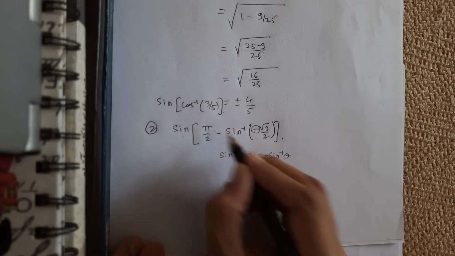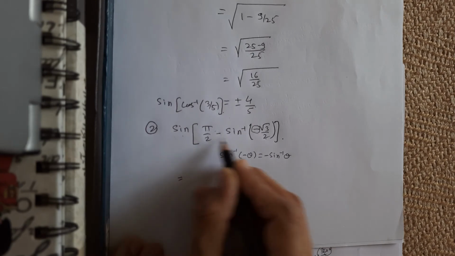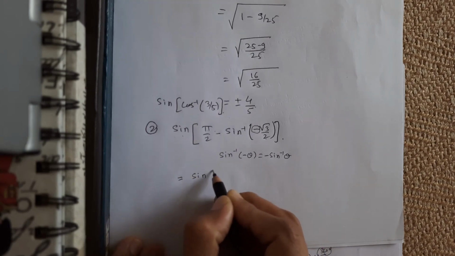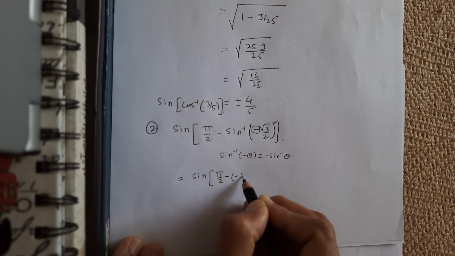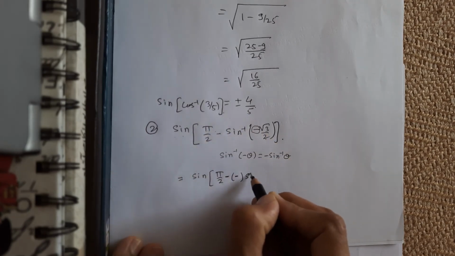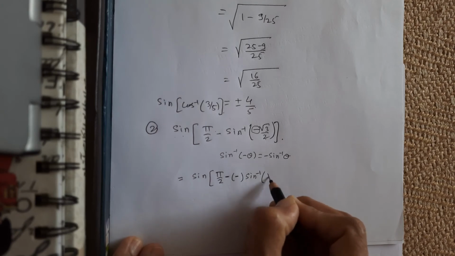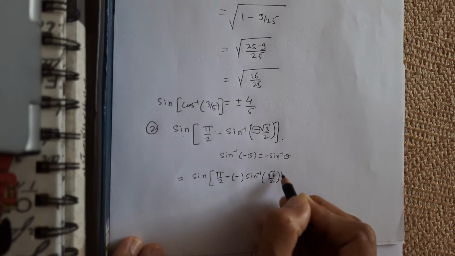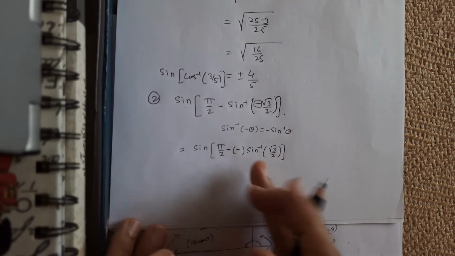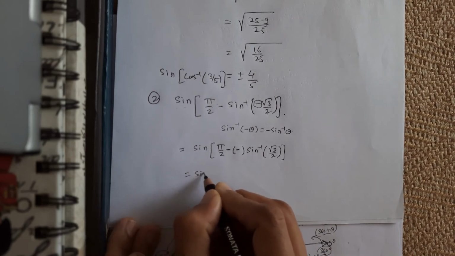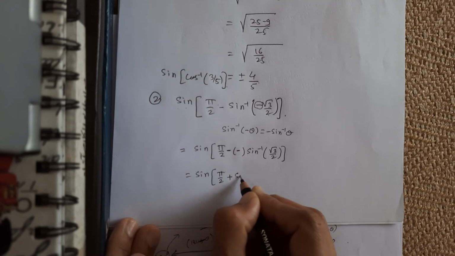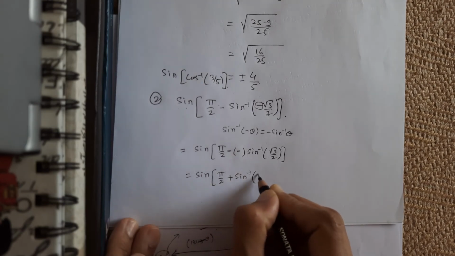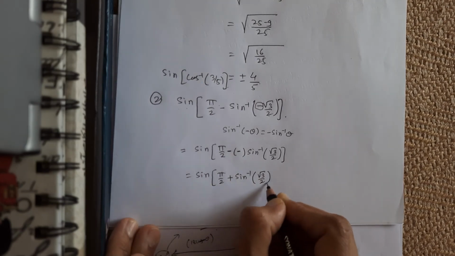So this minus sign will come outside, so this value becomes sine of pi by 2 minus, with the minus sign outside, sine inverse of root 3 by 2. Now this minus minus is plus, so I get sine of pi by 2 plus sine inverse of root 3 by 2.